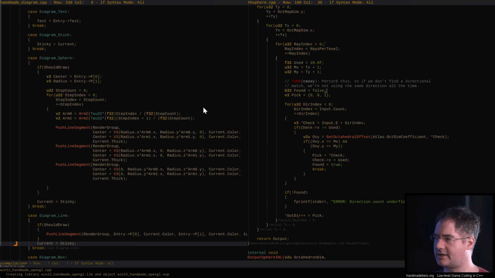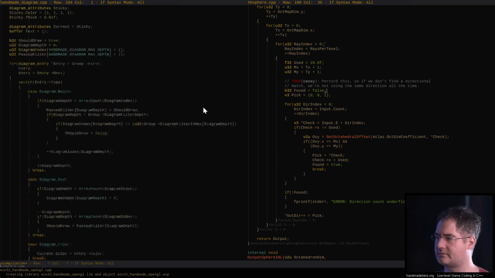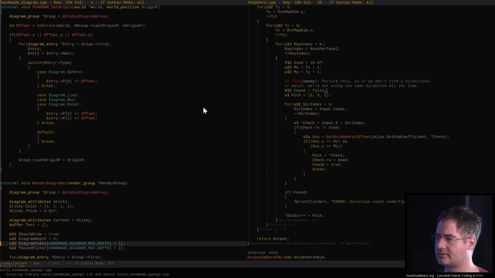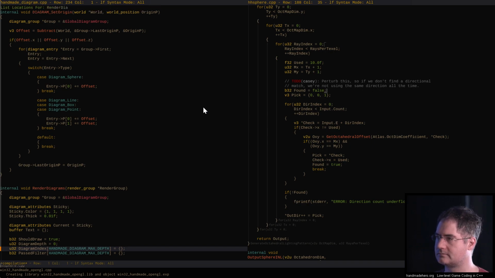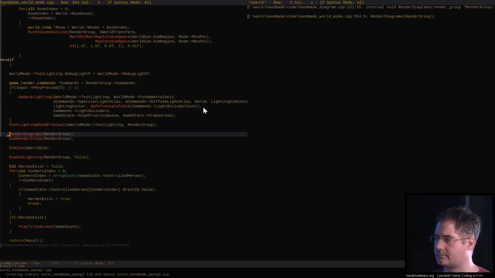So for example, when we draw diagrams, how does this stuff work? Is there anything that says what makes things emissive? I don't know. So it looks like enable lighting is actually still on for things like diagrams.